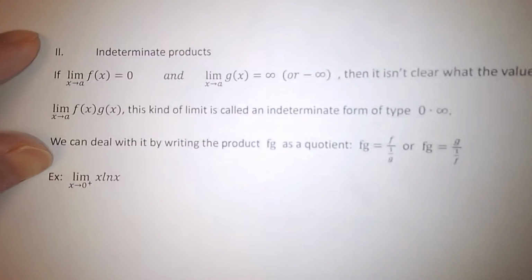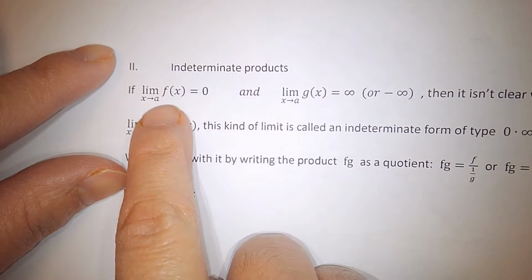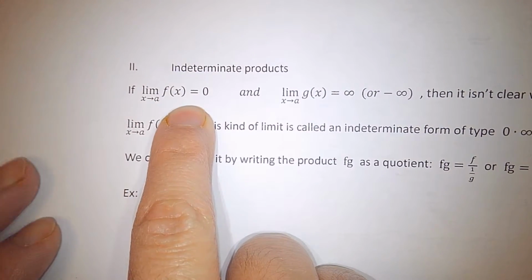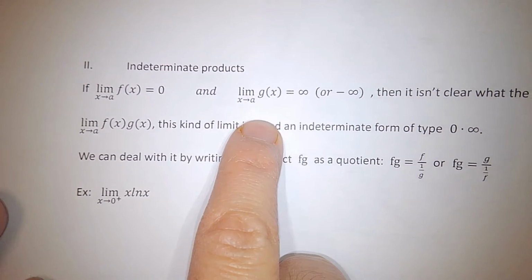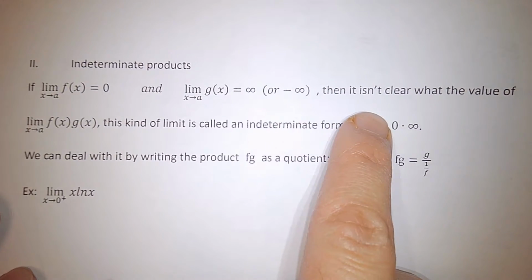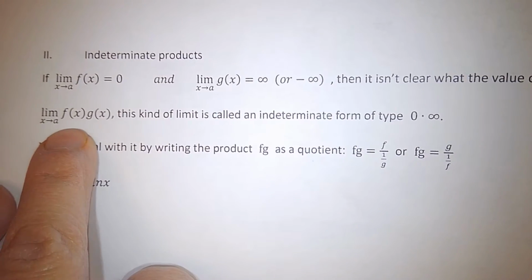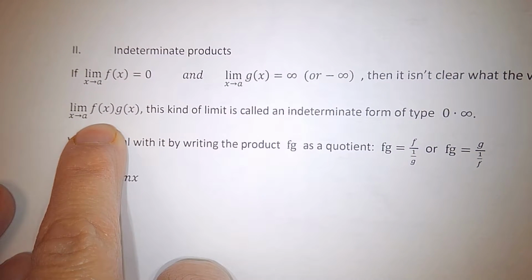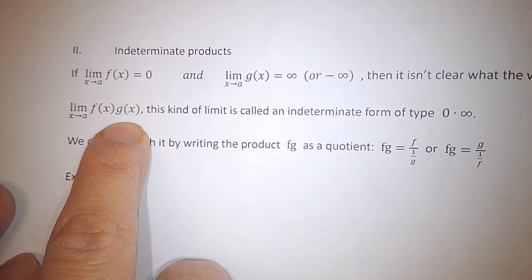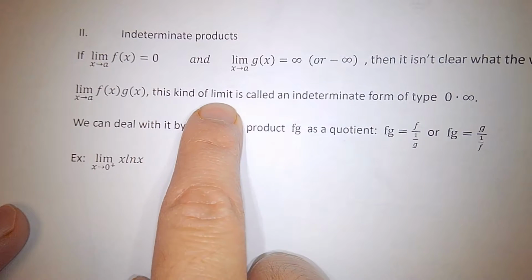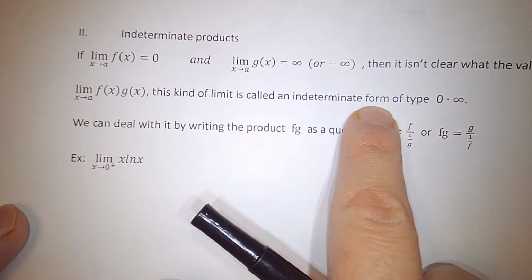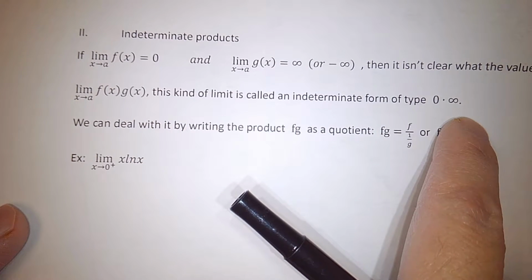Grant, please. Indeterminate products. If the limit of f of x as x approaches a equals 0, and the limit of g of x as x approaches a is infinity or negative infinity, then it isn't clear what the value of the limit of f of x times g of x as x approaches a is. This kind of limit is called an indeterminate form of type 0 times infinity.